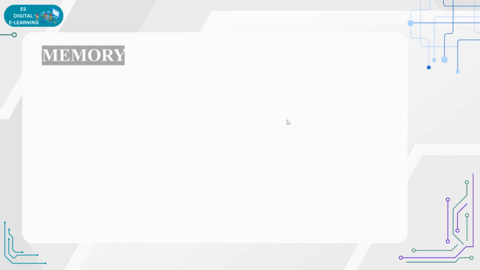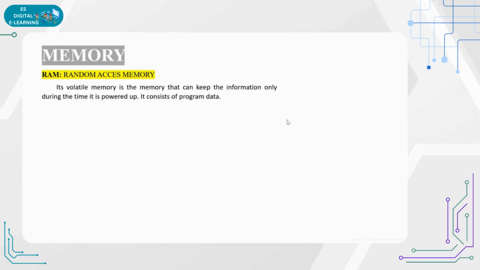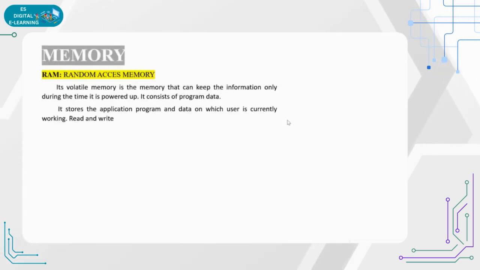It stores data. So for memory, we have the random access memory. It is a volatile memory that keeps the information only while the power is on. It consists of program data and application data, whichever the current users are working on, we are able to write and read the data on the RAM memory.